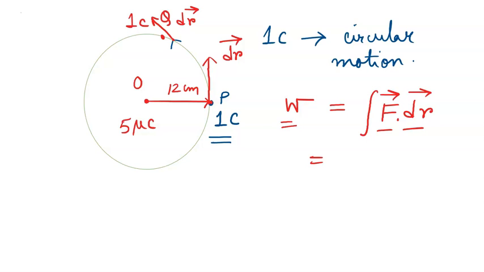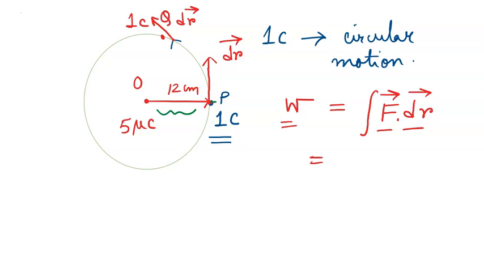Now what about this force? There are two charges present at 12 centimeter distance. It means there is a force of repulsion, the electrostatic or Coulomb force, because both are like charges, and we know that like charges repel. So the nature of the electrostatic force here will be repulsive. And how will the force be directed?